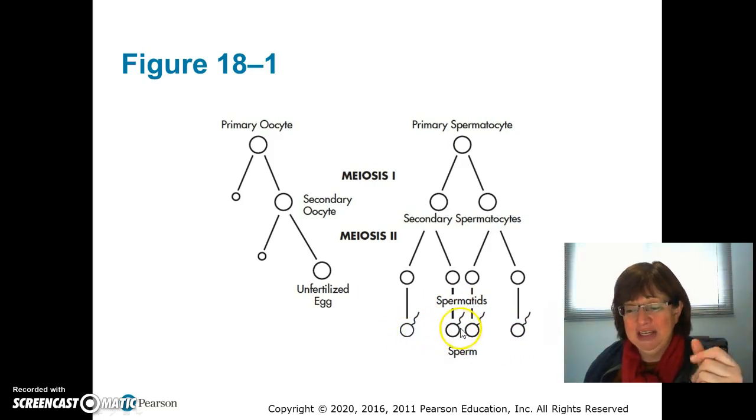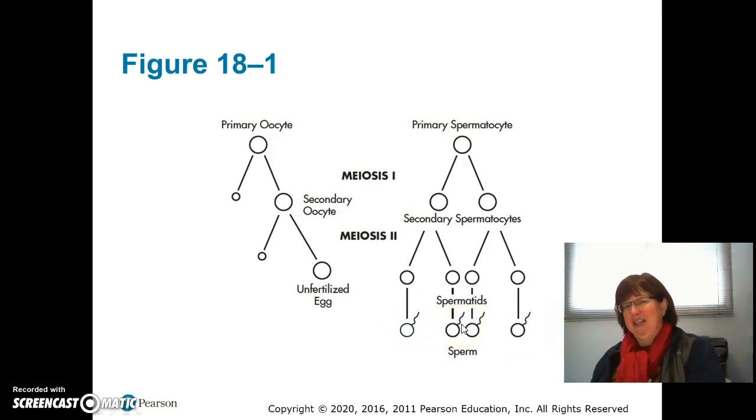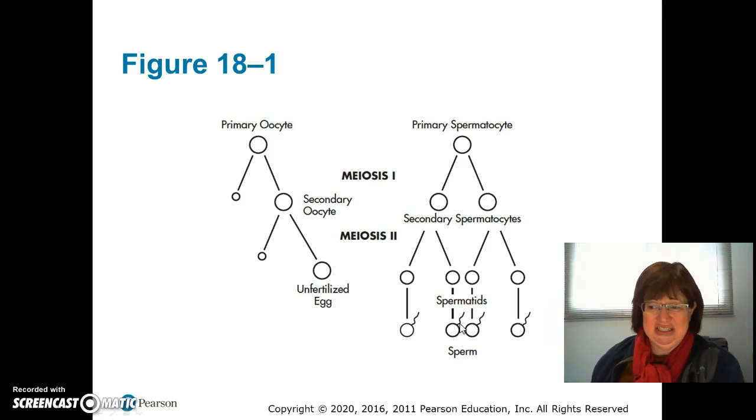Now they have a little bit different genetic material in it because their combination of genetic material is a little different. With females, you have what's called an oocyte, and that divides with most of the cytoplasm going to one side, and the other becomes what's called a polar body. So usually it disintegrates and nothing comes of it.